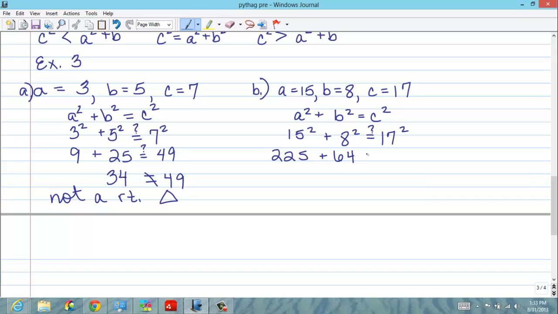The question is, will that give us 289? I just happen to have those memorized. So when we add 225 to 64, we get 289. And since 289 does indeed equal 289, that means that these do represent the sides of a right triangle.